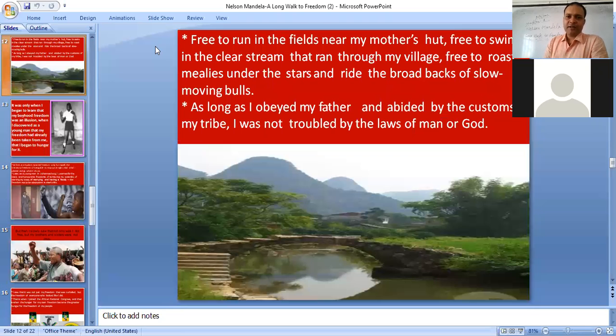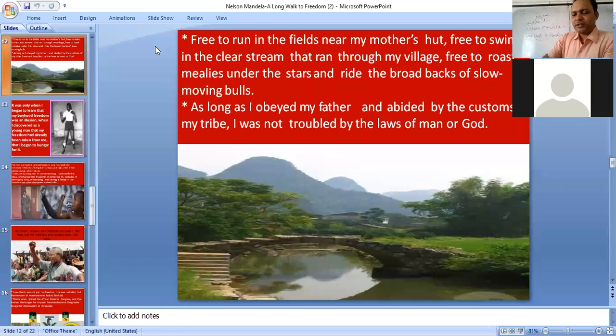Free to run in the fields near my mother's heart, free to swim in the clear stream that ran through my village, free to roam under the stars and the wide and broad backs of slow moving bulls. As long as I obeyed my father and abided by the custom of my tribe, I was not troubled by the laws of man or God.